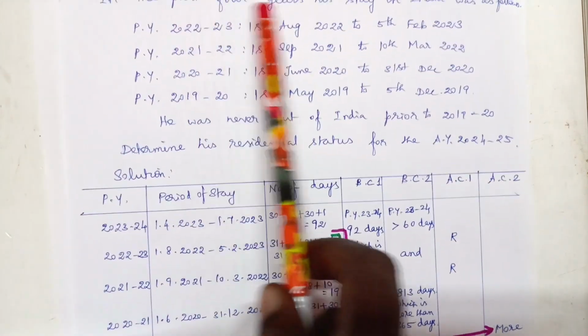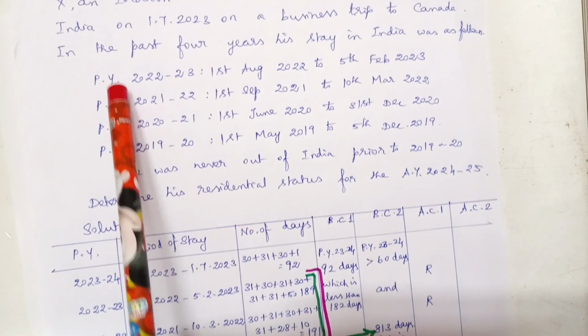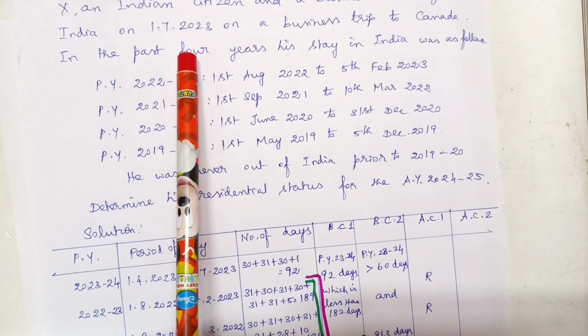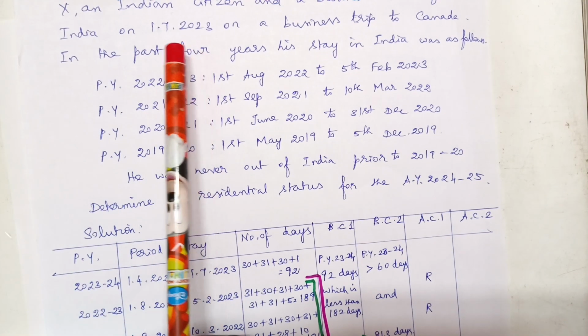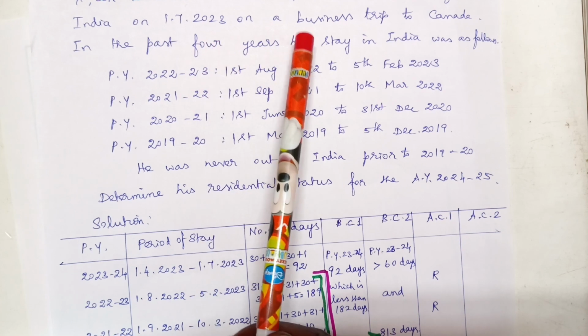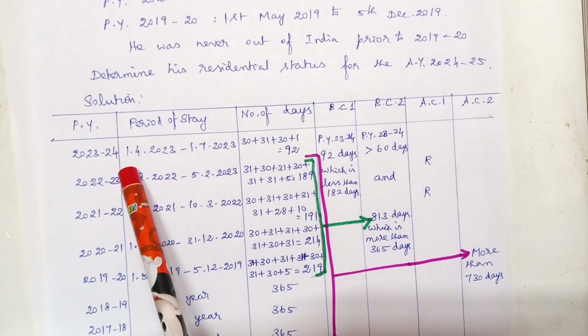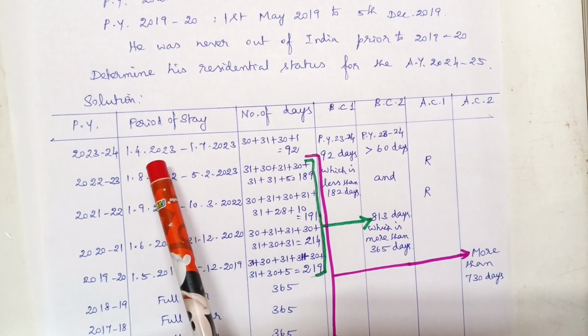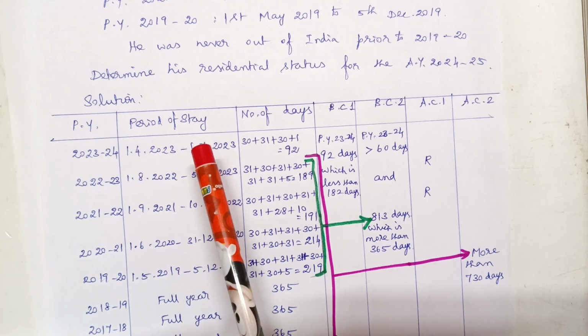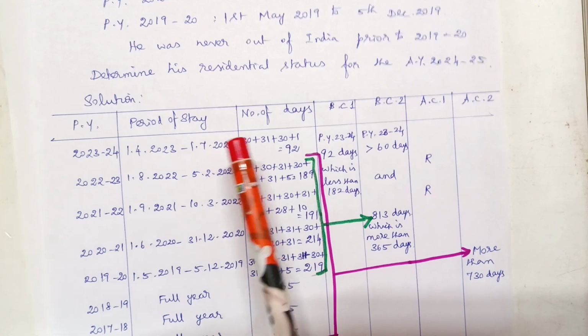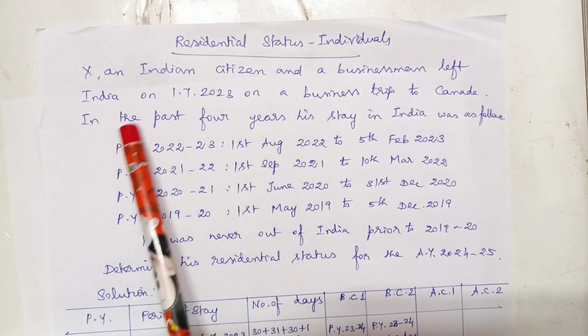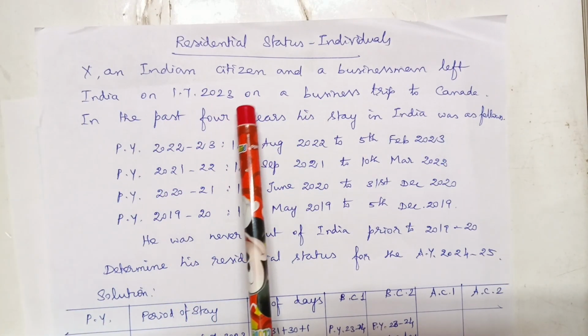As per the question, the assessee is leaving India during the current previous year 23 to 24 on 1/7/2023 on a business trip to Canada. So during 23 to 24, his period of stay is 1/4/2023 to 1/7/2023. He was in India till 1/7/2023.